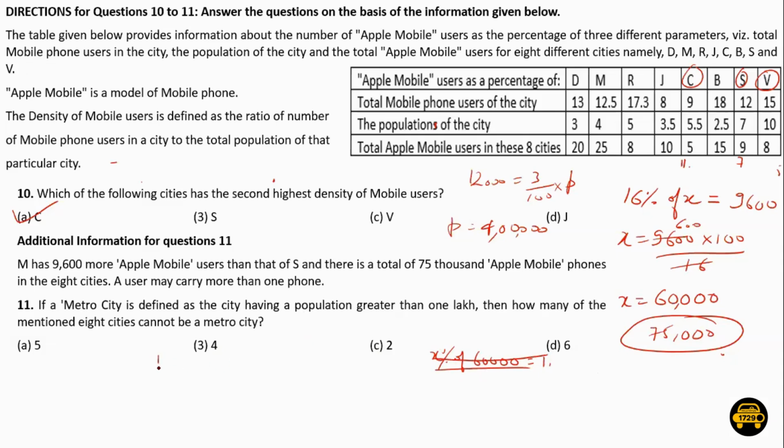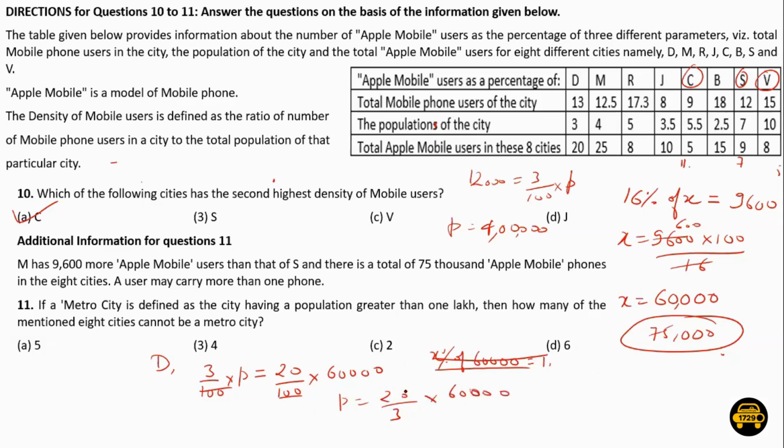For D, it can be written as 3% of P population is equal to 20% of 60,000, right? Now, this will go. So the population will become basically 20 by 3 of 60,000.